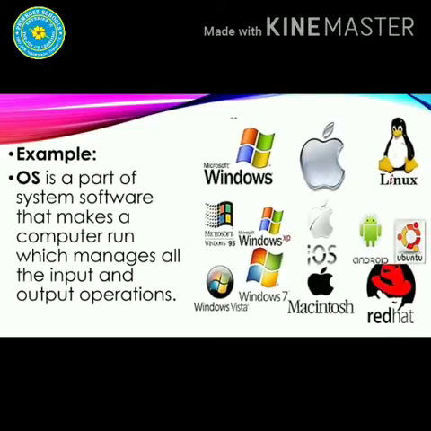For example, OS, operating system, is a part of system software that makes a computer run, which manages all the input and output operations. Do you all remember input and output, children? Input is the data which we enter into the computer with keyboard or mouse, and output is the result which is displayed on the monitor.